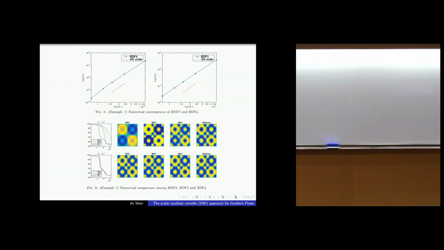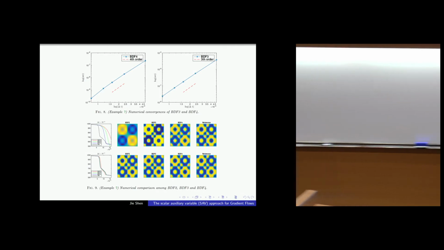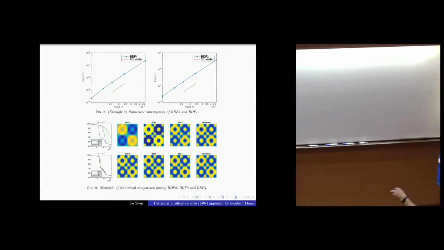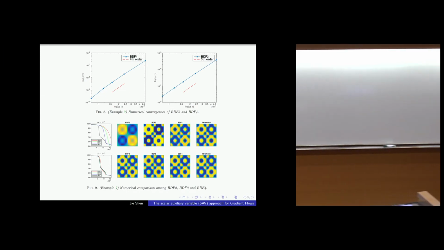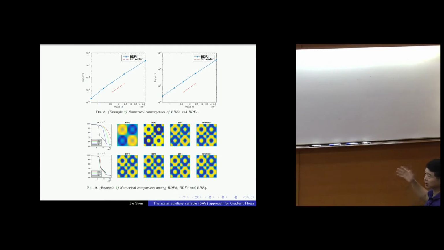You see that in most parts they change very little, but at some places they have very large variations. So if you use a conditionally stable scheme, you are restricted by the smallest time step constraint, which you have to keep all the time. You cannot change.